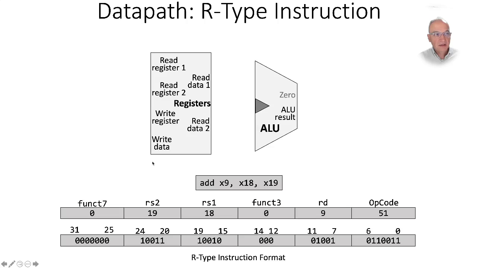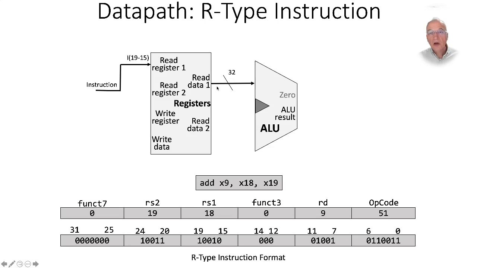So how do I do that? Initially there will be the decoding of the instruction based on the opcode. We're not going to focus on that right now. Let's assume that the instruction has been decoded already and I have found out that I need to execute an add instruction. In that case, I'll take bits 15 to 19 from the instruction code, and I will send those 5 bits to specify which register I should read in port 1 of my register file.